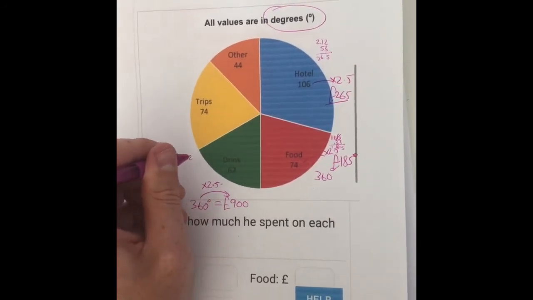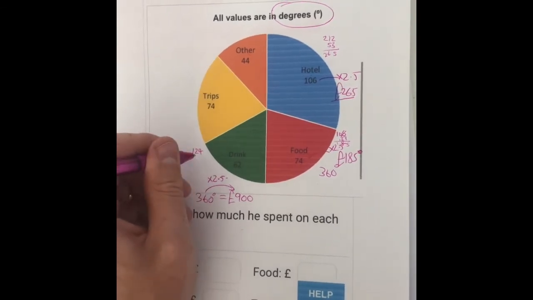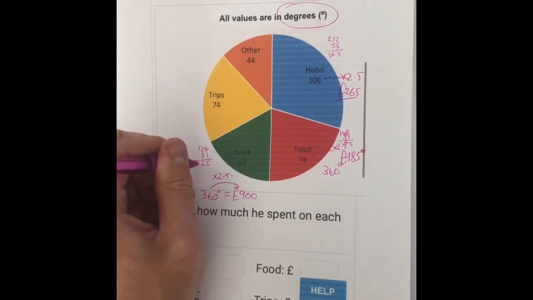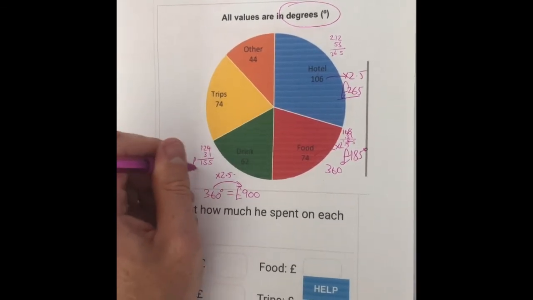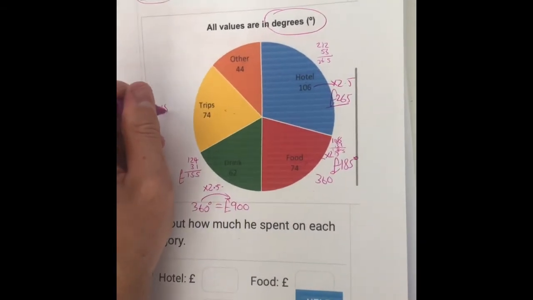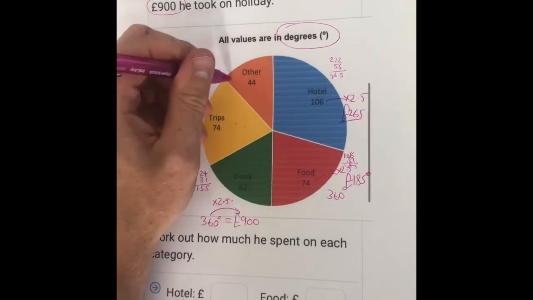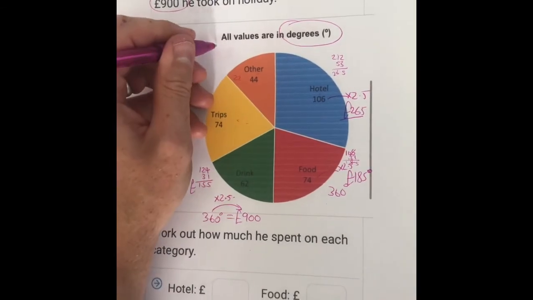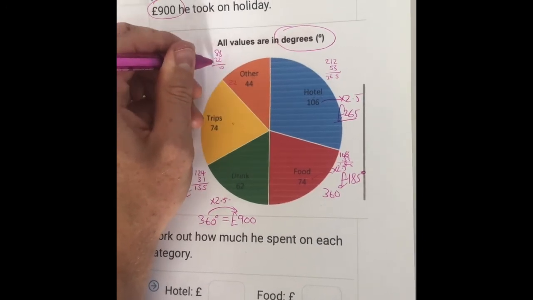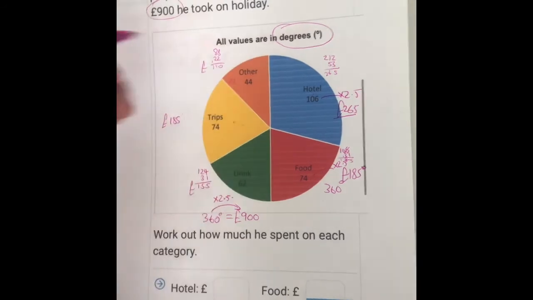Well, 124 plus half of it is 31. That one's £155. 74, oh, that's the same. So that'll be 185. And then 44, well, half is 22. So 44 doubled is 88 plus 22 is 110. So that'll be £110.